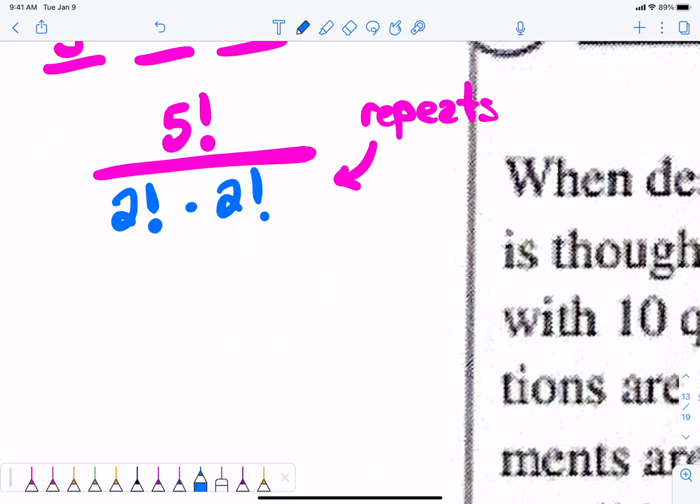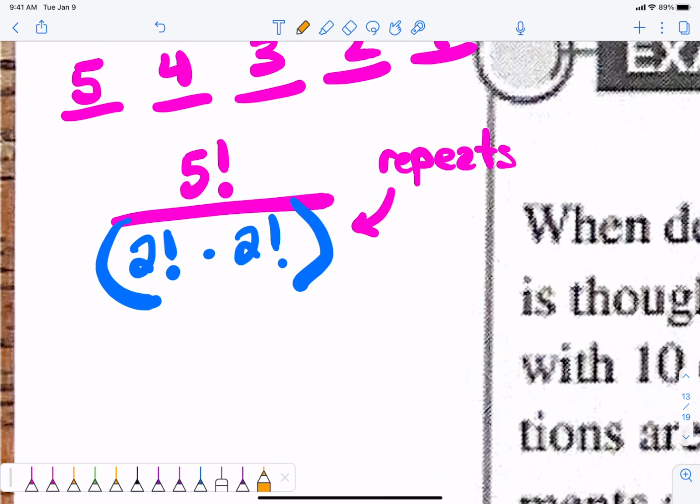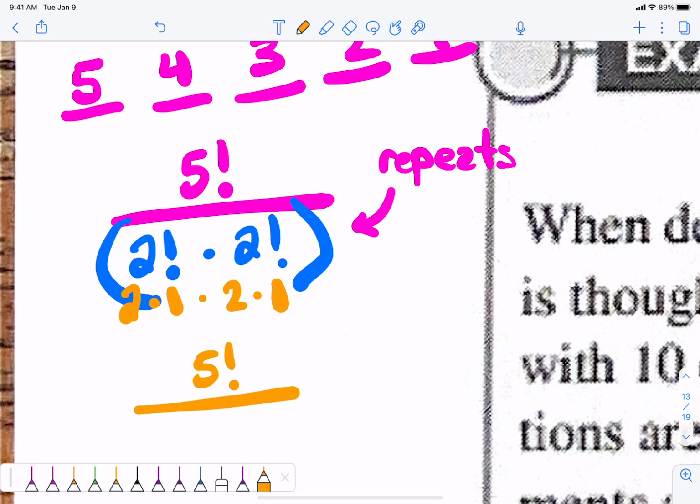Now, if you're going to enter this into your calculator, unless your calculator does the fraction already, make sure you put parentheses around this bottom part. Or, to make things easier, you could divide by one and then divide by the other. But let's think about this. What does 2 factorial mean? 2 times 1. So you're really just taking 5 factorial and dividing by 4.